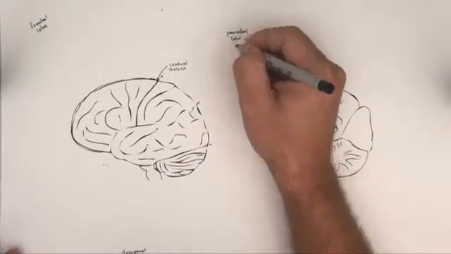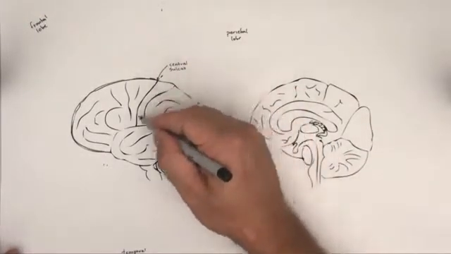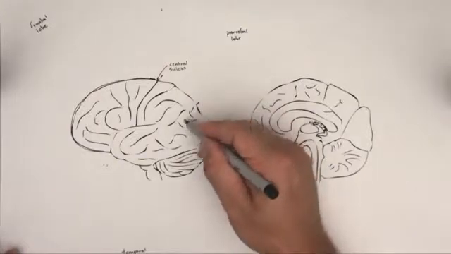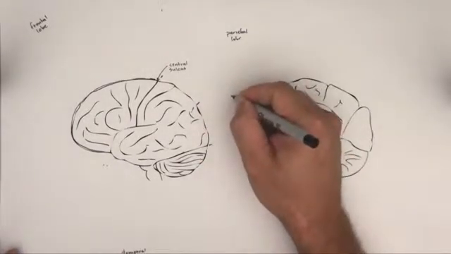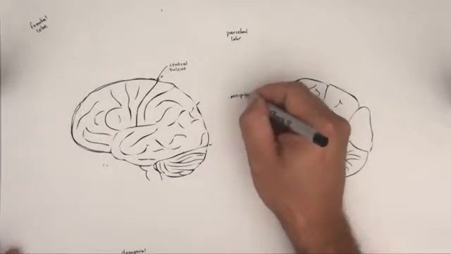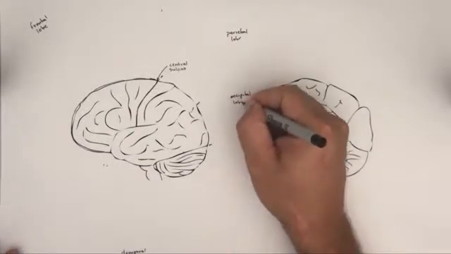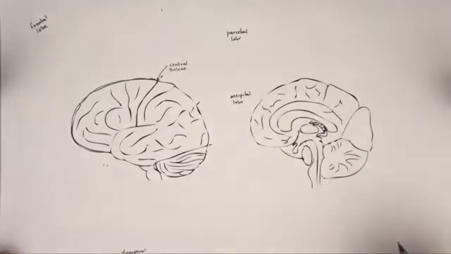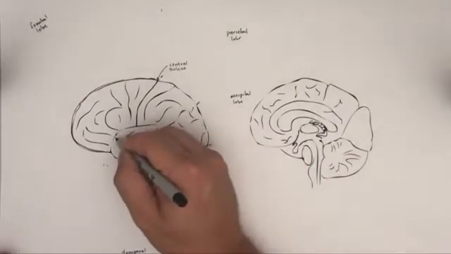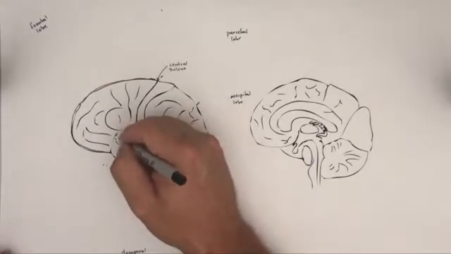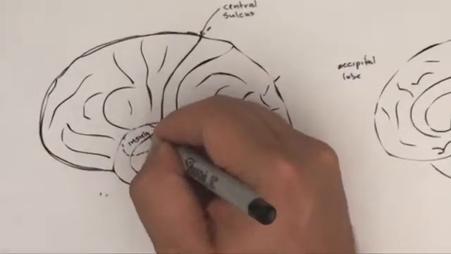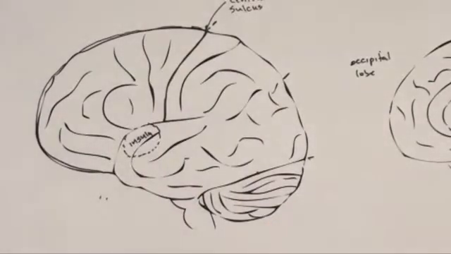This area right through here is the parietal lobe. I wanted to keep away from this area right here because this is called the occipital lobe. I got one more lobe left over, and you can't really see it, but it's in deep here, and that's called the insula. Okay, so those are the lobes of the brain.